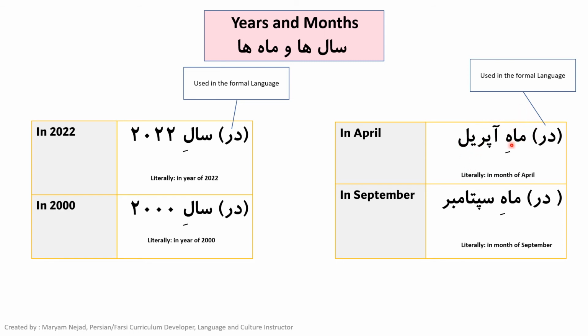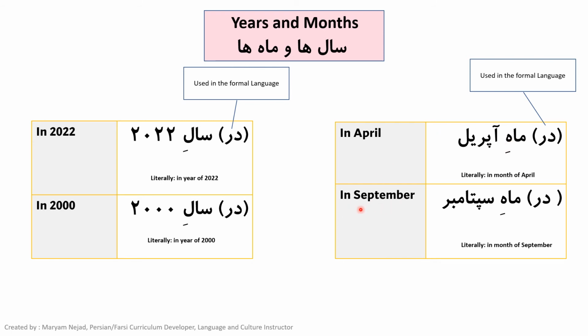It's common to use the word month, either in the formal or informal language. So literally, it's like saying in the month of April. So if you don't say ماه, is it incorrect? No, it's not incorrect. I'm just telling you what's common to say.